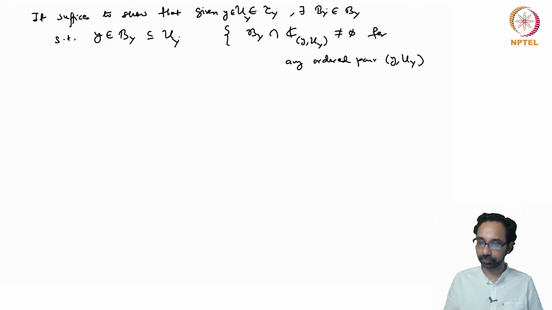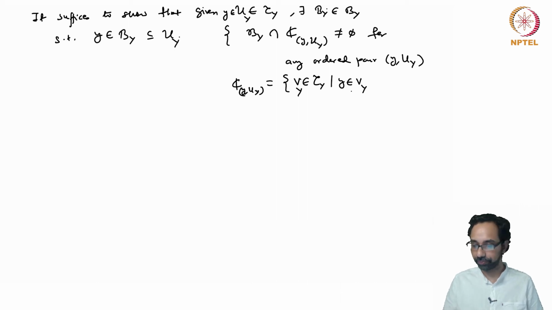Right. So what was this? If you check the definition, this is nothing but the open sets in tau_Y such that y belongs to V. Again, let me write V_Y just to distinguish it from the open sets in X. And y is in this open set V_Y, and it is a subset of the open set U_Y.